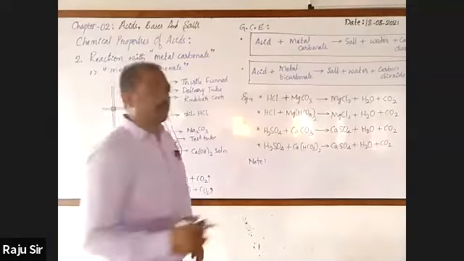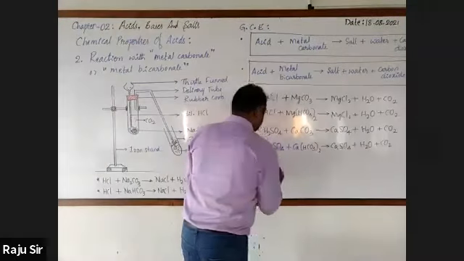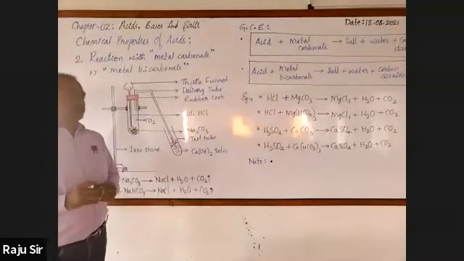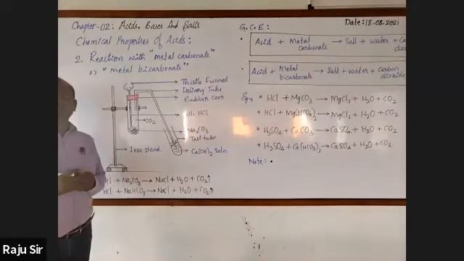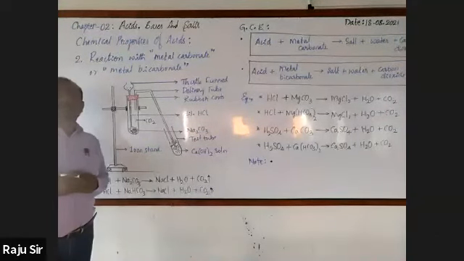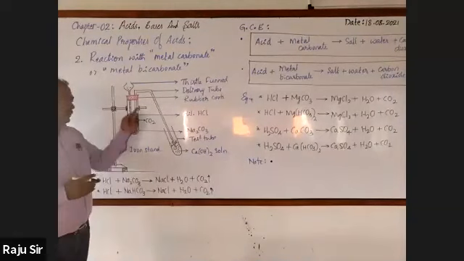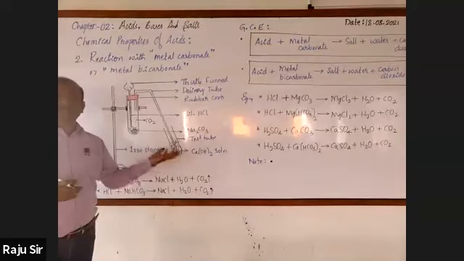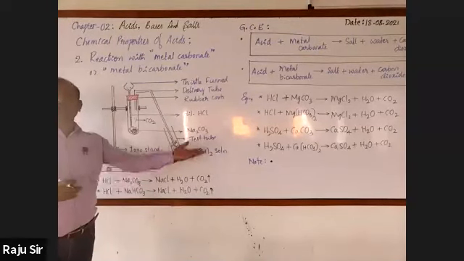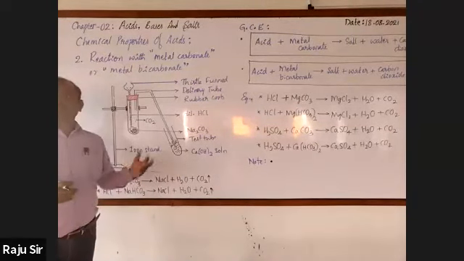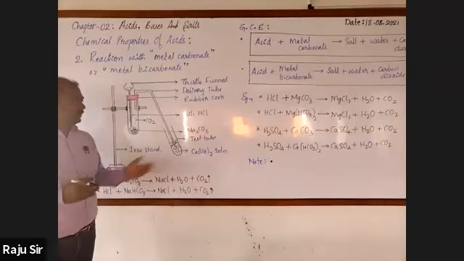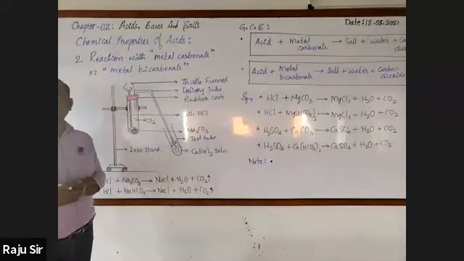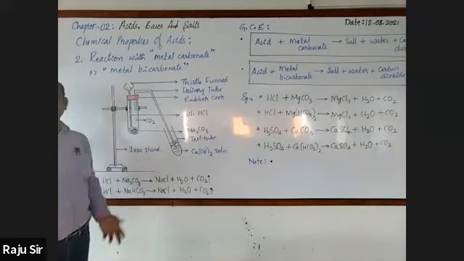Note, first point. In this testing for carbon dioxide, how do you test the liberation of carbon dioxide gas? When it is passed into lime water, it turns milky due to the formation of the white precipitate called calcium carbonate. Therefore, the liberated gas is carbon dioxide.